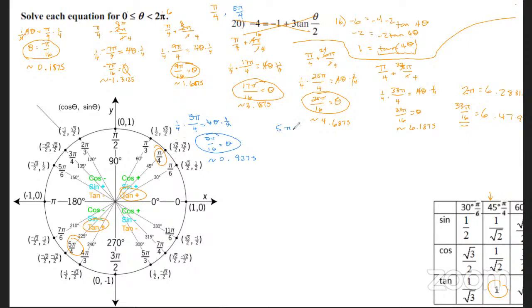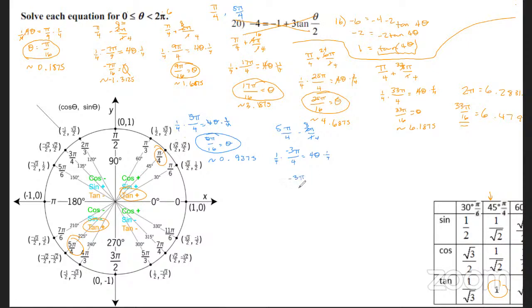Now we do the same thing, 5 pi over 4, and subtract 2 pi because we want to find the answer that goes outside our lower limit so we know where to stop. Put this over 1, get a common denominator. 5 minus 8 is negative 3 pi over a common denominator of 4, set equal to 4 theta, and solve for theta by multiplying by the reciprocal.